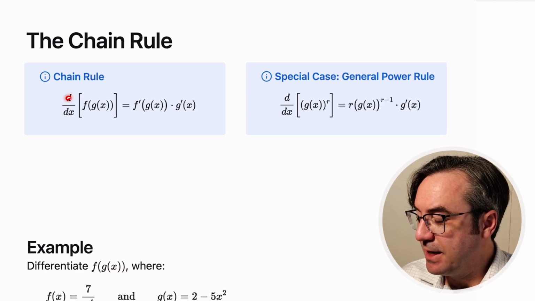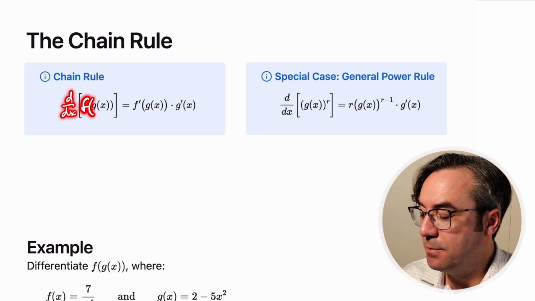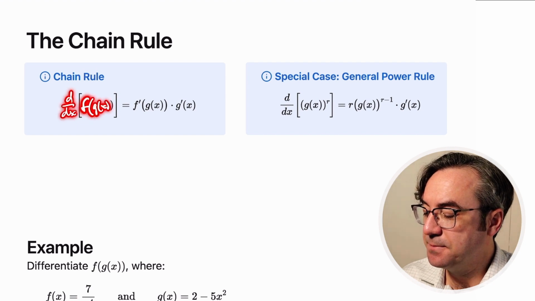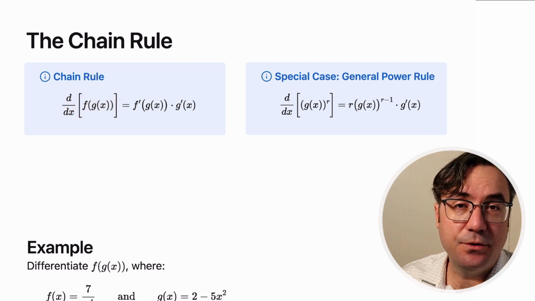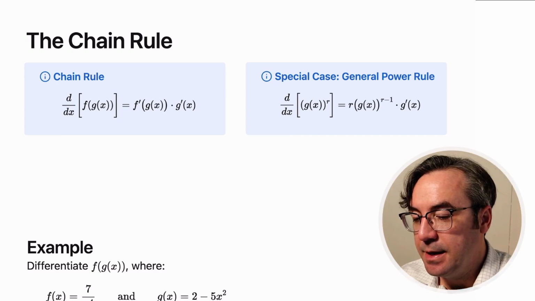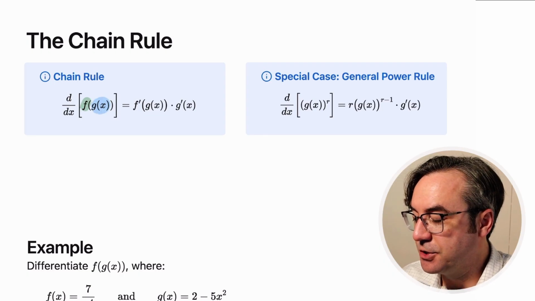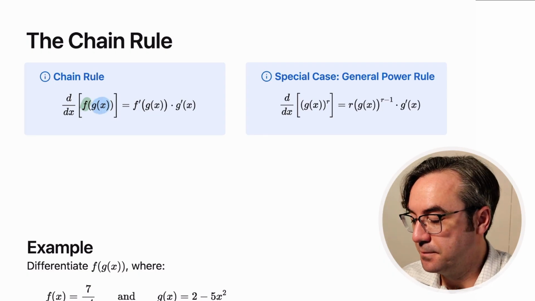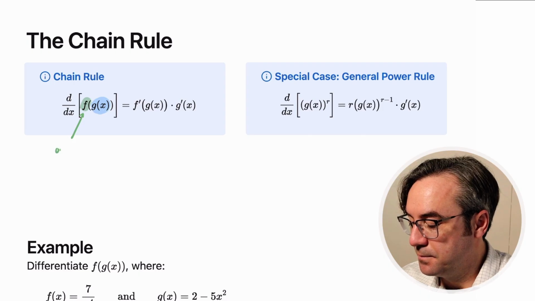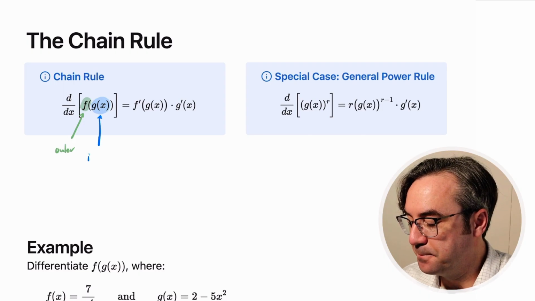First of all, it's telling us how to differentiate a composite function, f composed with g of x. So it's telling us how to do that derivative. And again, we've got the outer function and the inner function here.